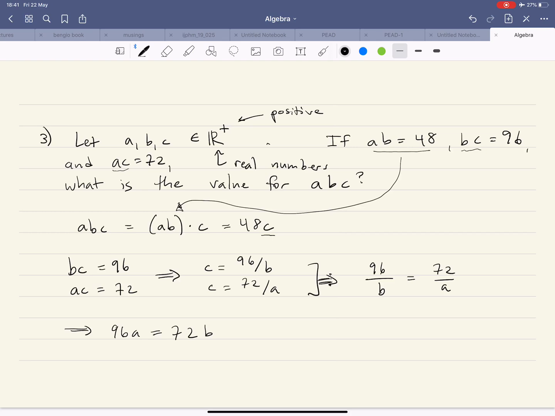I just multiplied with B and B like this. This became 1, this became 72B over A, and then I multiplied with A times A on both sides, and that's how I get 96A equals 72B. So this means that 96 over 72 A equals B.